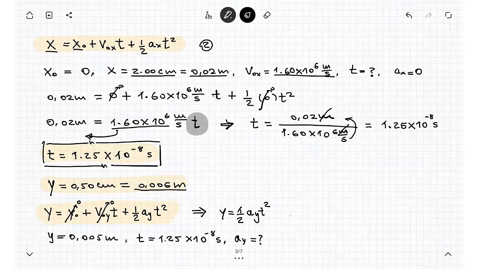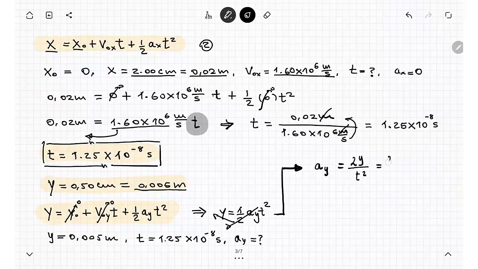Let's find that acceleration. Acceleration along the y-axis is equal to: I send this 2 to multiply and this time squared to divide, and I will have 2y divided by time squared.